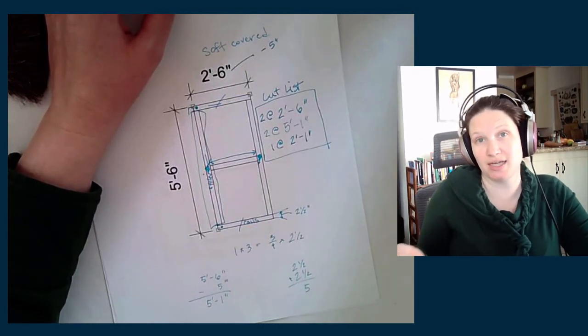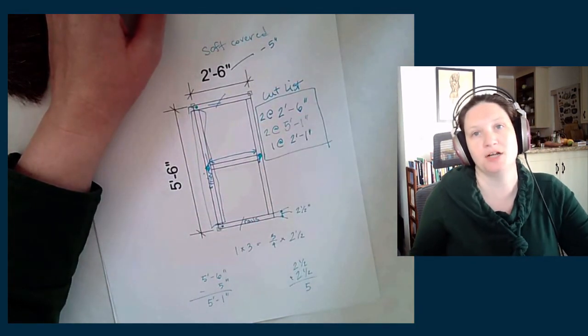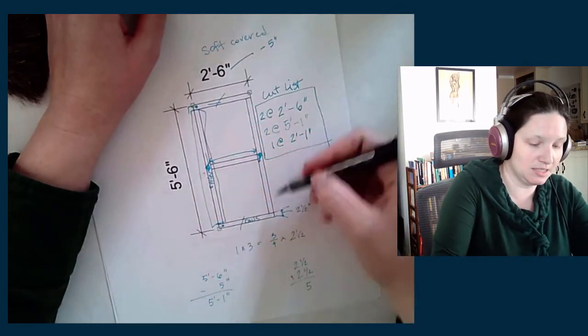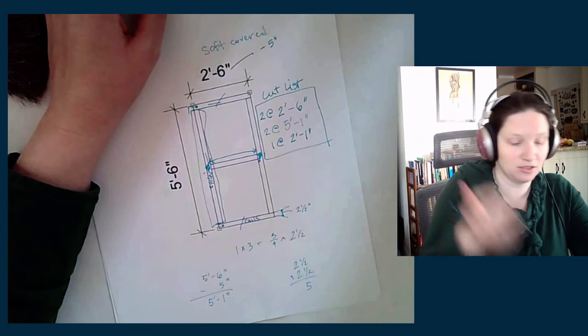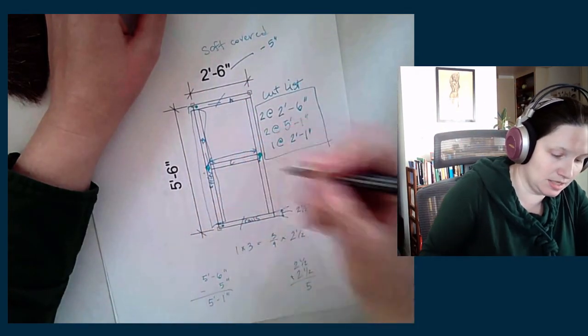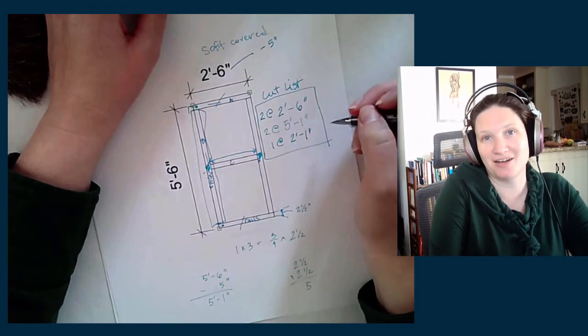Another thing that's really helpful if you have a big complicated flat, like this one is super easy, but if it gets complicated, is to label each of these pieces with a letter. So if I say A, B, C, then I write that on my cut list and I write it on my wood.